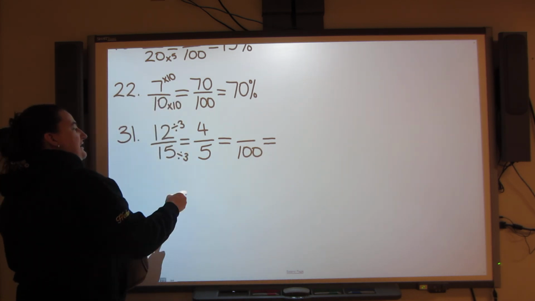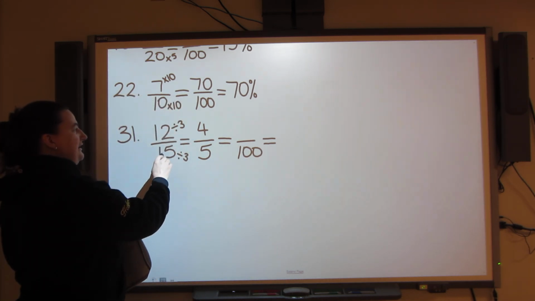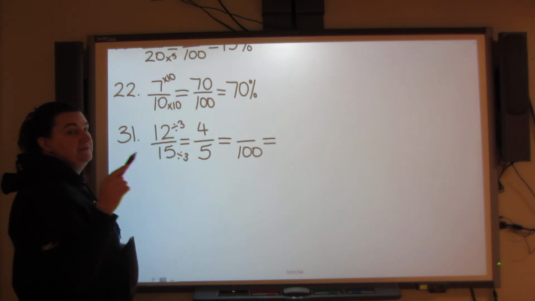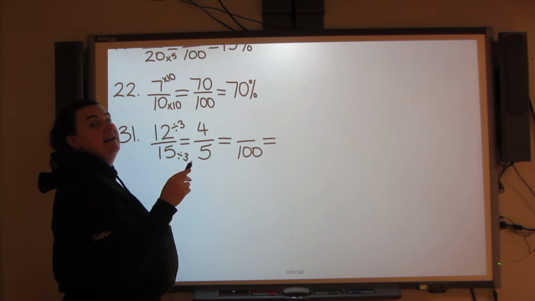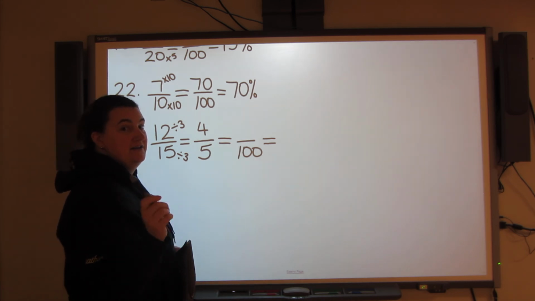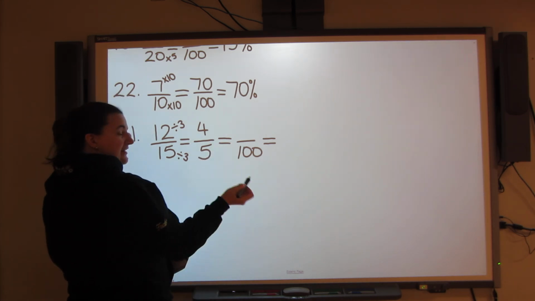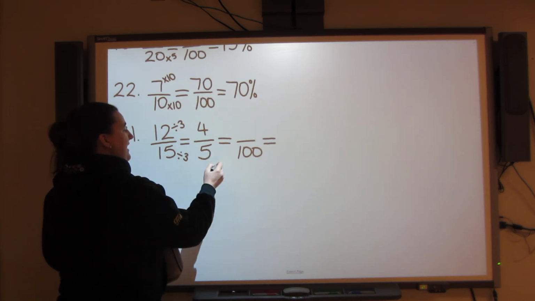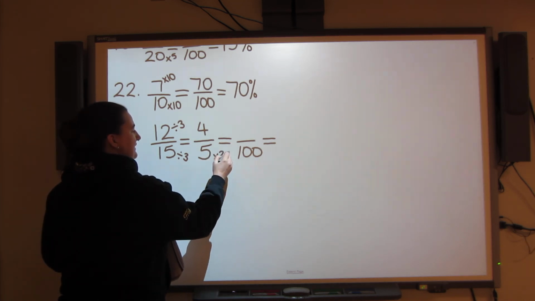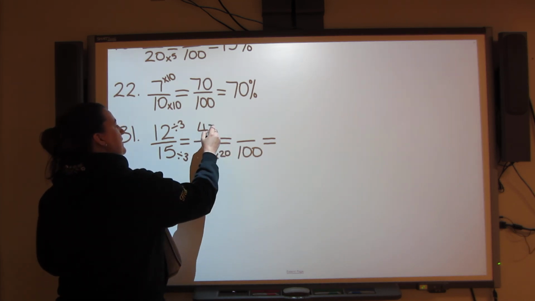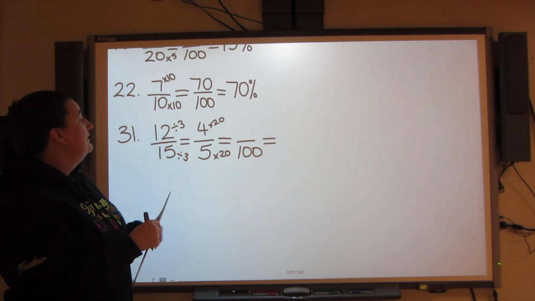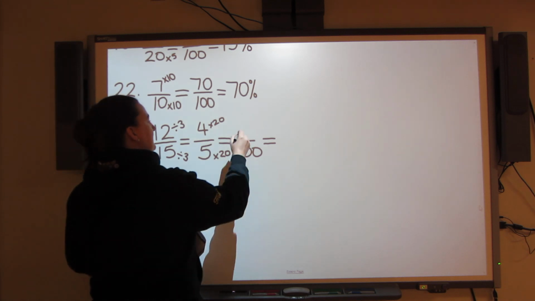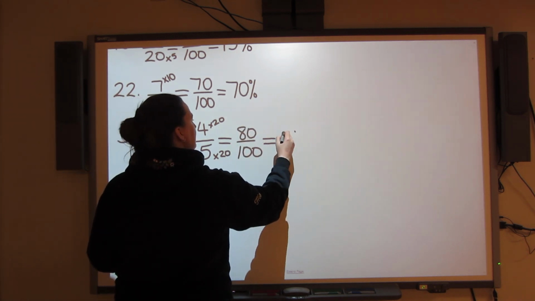So that's why I needed to take this fraction, change it to lowest terms first, before I could change it to an equivalent fraction with 100 as my denominator. So according to my 100 math facts, 5 times 20 is 100. Whatever you do to the bottom, you have to do to the top. 4 times 20 is 80.